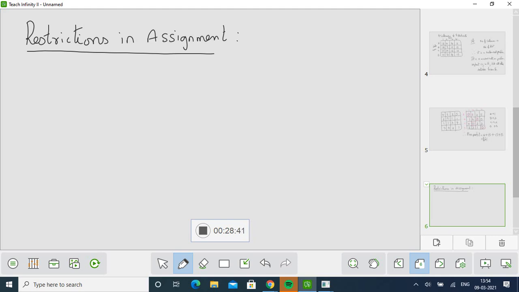So take down: the assignment technique assumes that the problem is free from practical restrictions, and any task could be assigned to any facility.